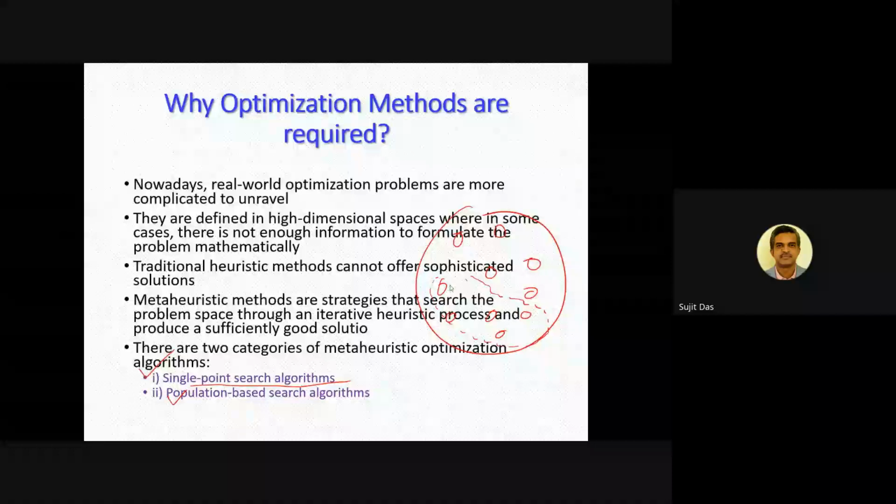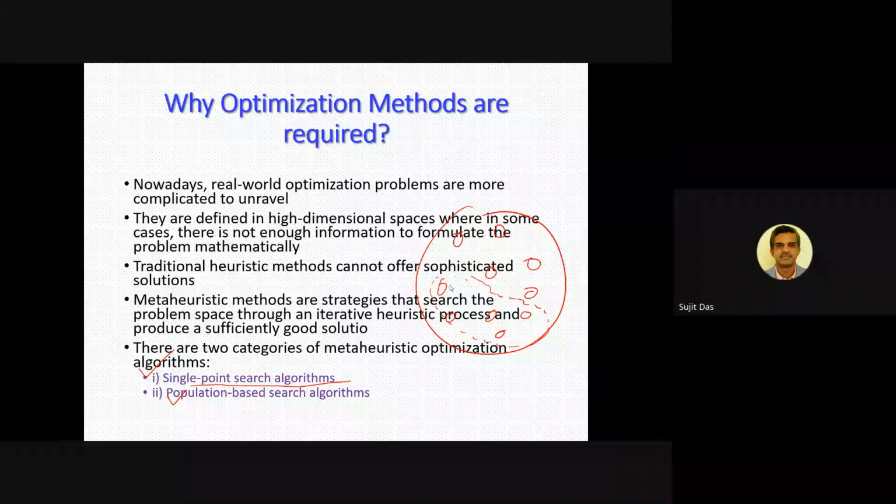Try to find out the fact behind this. Population-based: instead of starting with a single solution, you will start with a pool of solutions. Now you may ask me, sir, how will you select the pool of solutions? My suggestion is that the pool of solutions needs to be generated randomly.